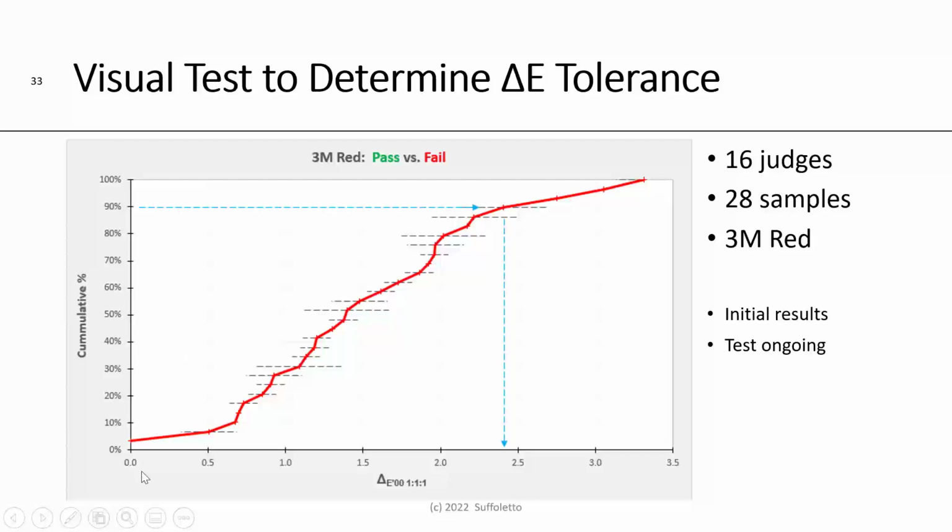So as the delta E color difference increases, there will be more confusion about the pass-fail, and the fail rate goes up as the delta E goes up. That just makes sense, right? Low delta E's, low failures; high delta E's, high failures. At 50% probability, you're going to fail at a delta E of 1.5. At 90% probability, you're going to fail at a delta E of 2.4.